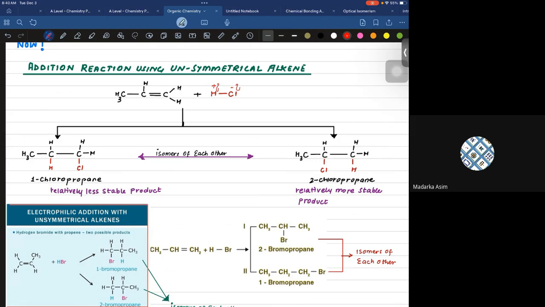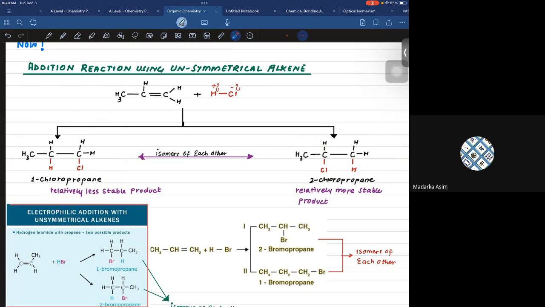That would be your stable compound. So this is more stable, because chlorine, which is negative, is attached to the carbon which is having only one hydrogen.